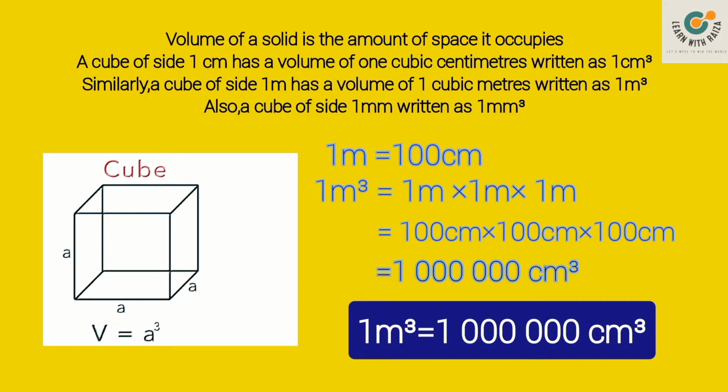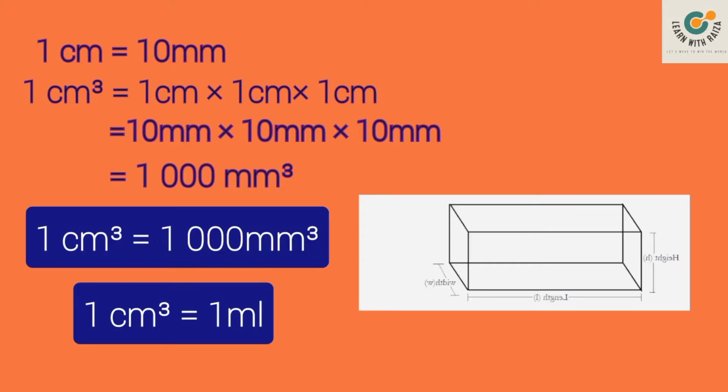So therefore, the final relationship for 1 cubic meter and cubic centimeter is 1 cubic meter equal to 1 into 10 to the power 6 cubic centimeters. Similarly, if we consider a cuboid also, the same manner.